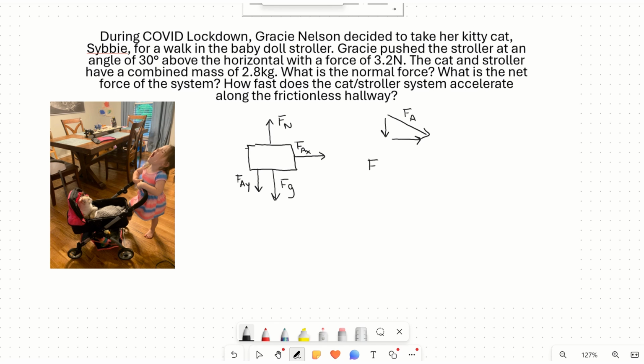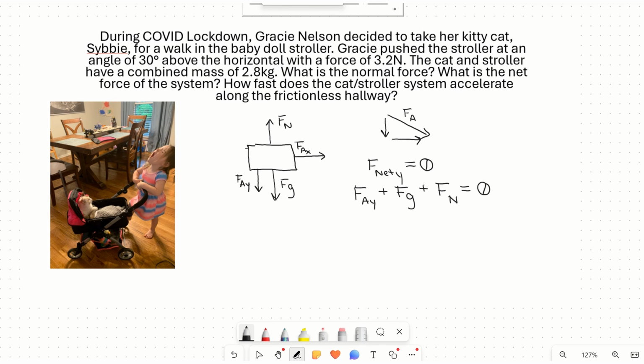So F net in the y direction must equal 0. So what are the forces in the y direction? We have the force applied in the y direction plus the force of gravity in the y direction plus the force normal, and all of those must add up to equal 0.